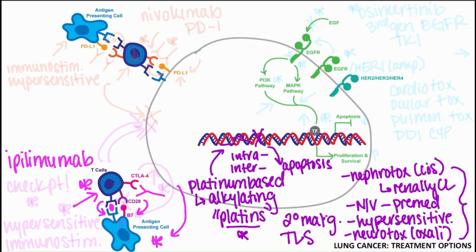Again, the specifics are not as important at this point. So once we have both of these signals, we get appropriately activated T cells that can go on to mount an immune response, in this case directed at the lung cancer cells.